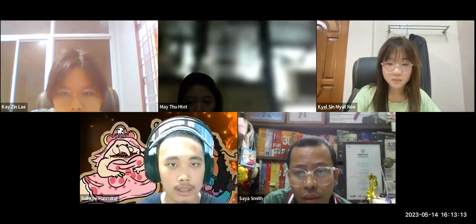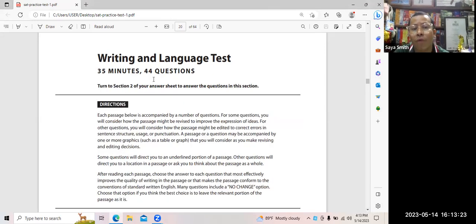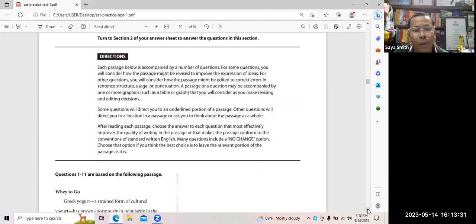So in your test, this is the writing a language test, everybody. It is going to be 35 minutes for you and 44 questions. Look at the directions. Each passage below is accompanied by a number of questions. For some questions, you will consider how the passage might be revised to improve the expression of ideas.